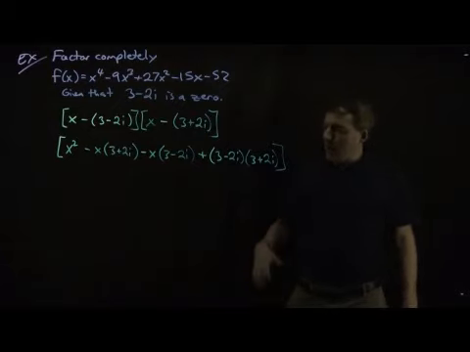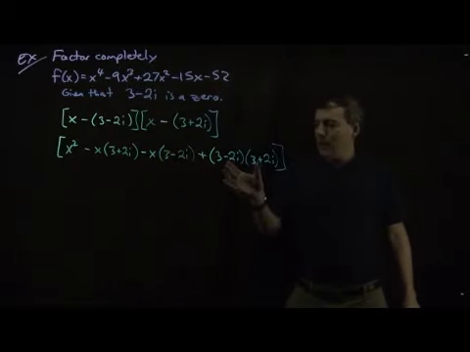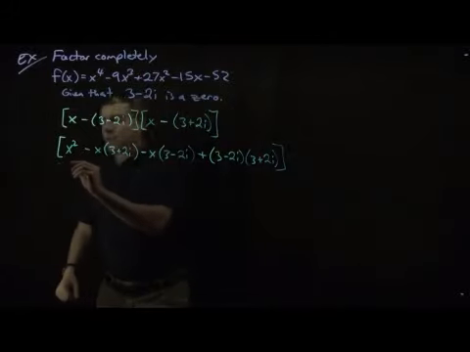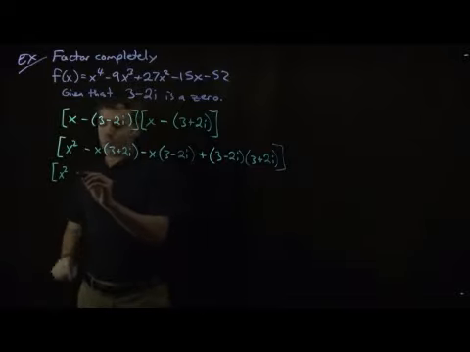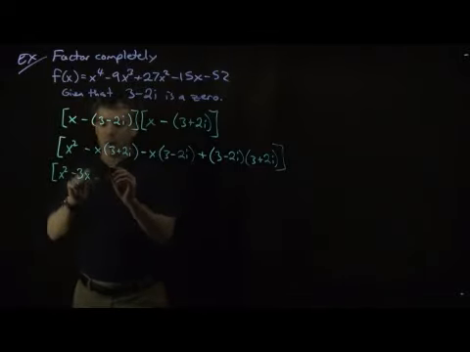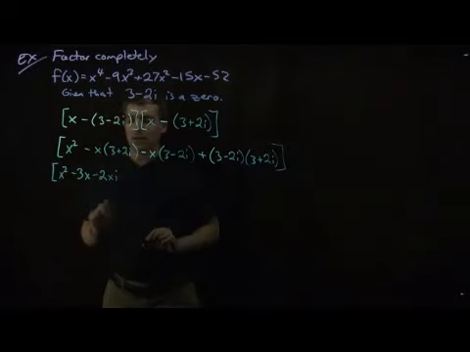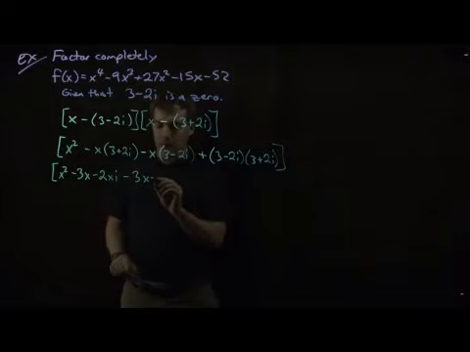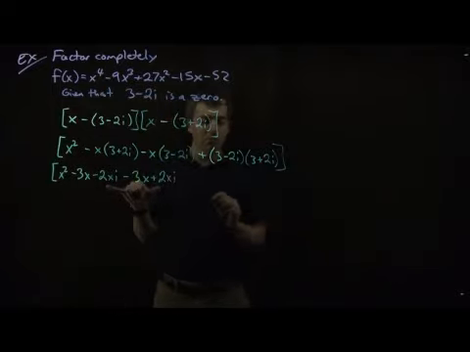So we're just foiling this out, leaving the complex numbers as one thing. Now let's distribute all of this multiplication here. Distribute the x's and then multiply out these conjugates. So we have the x squared. We'll distribute here. Negative 3x minus 2xi minus 3x plus 2xi. That's good.